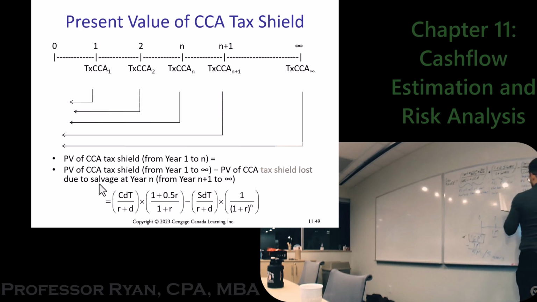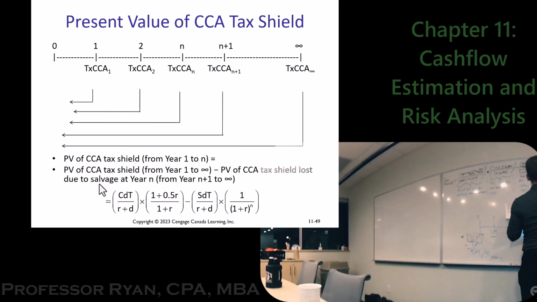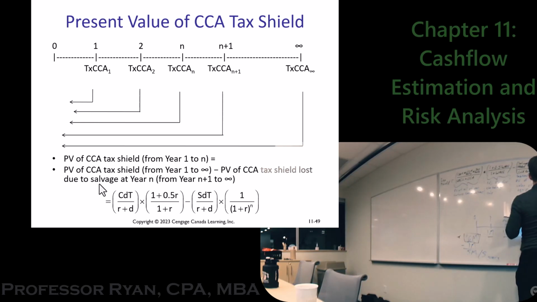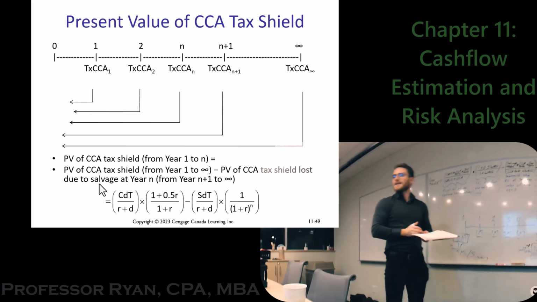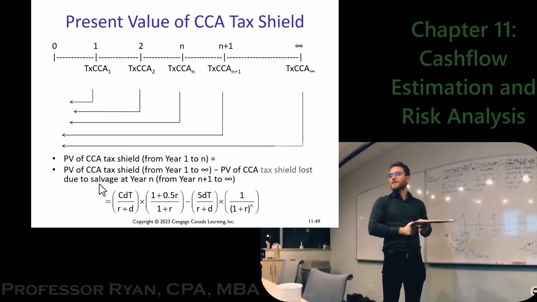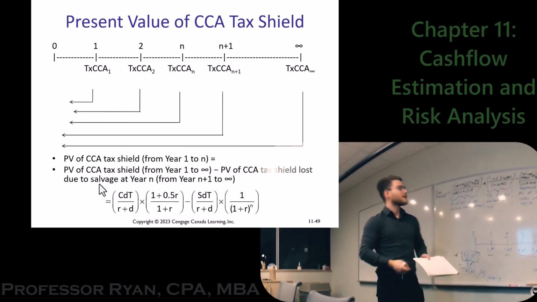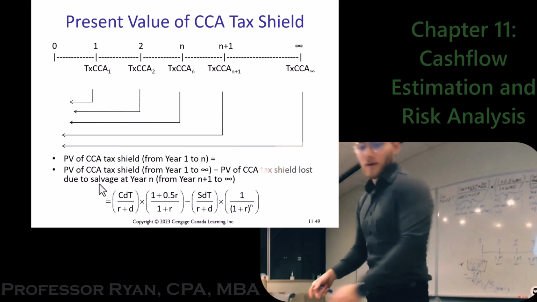All right, and then this brings the lost tax shield back to your 1. So PV lost tax shield. So, in a very easy to understand formula, this is how you calculate the tax shield when you are figuring out all in one number.